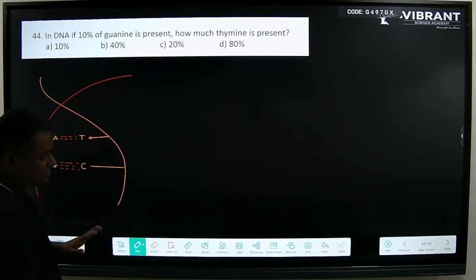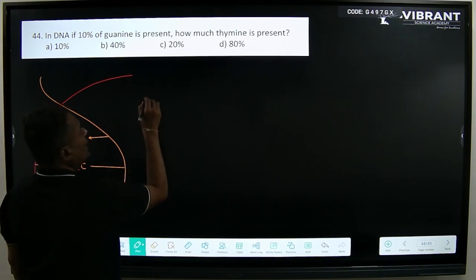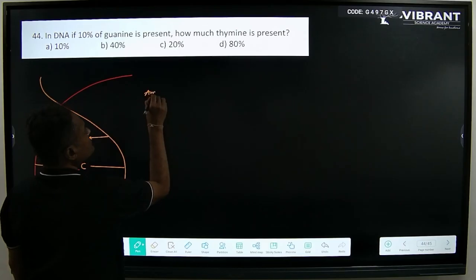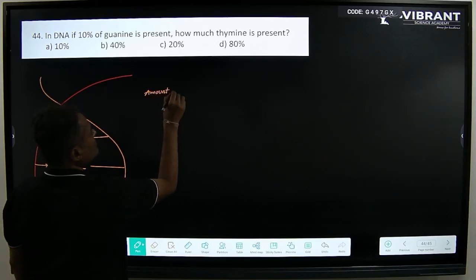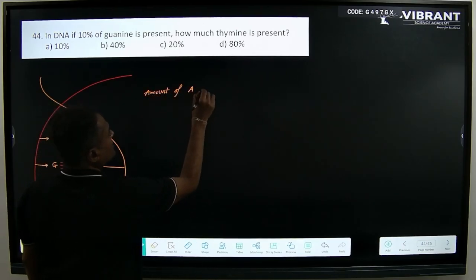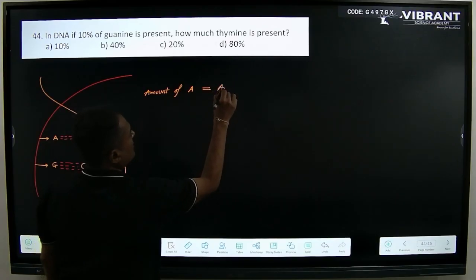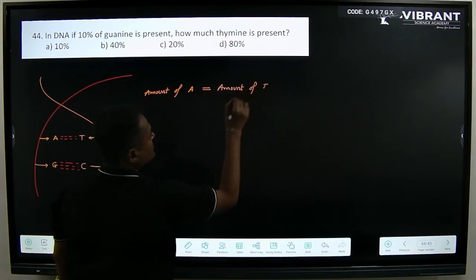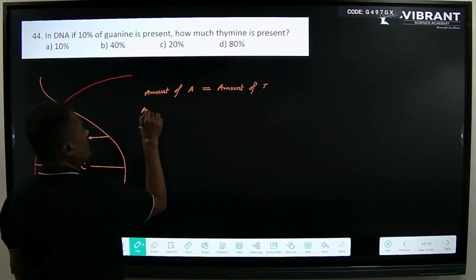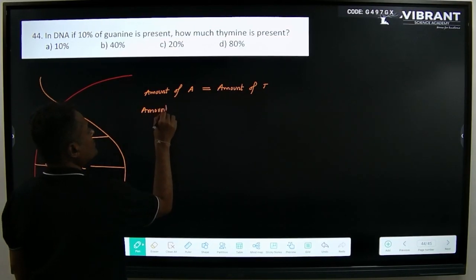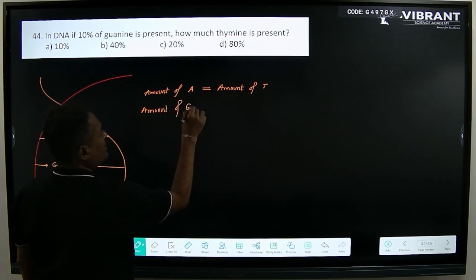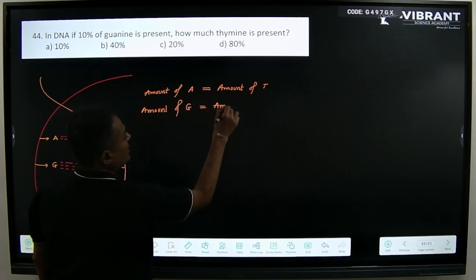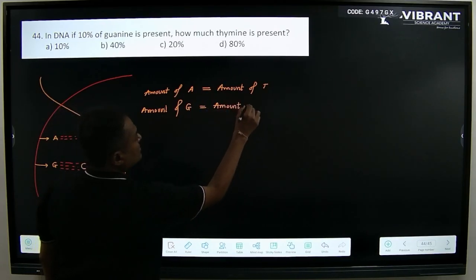That means from this, we can make one thing: the amount of adenine is always equal to the amount of thymine. Same way, the amount of guanine is always equal to the amount of cytosine.